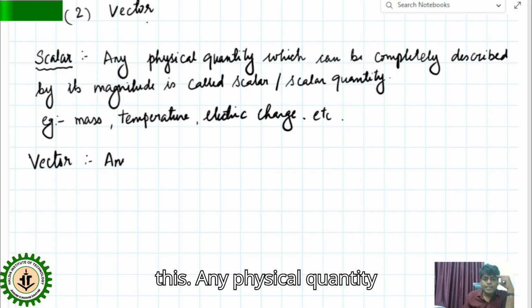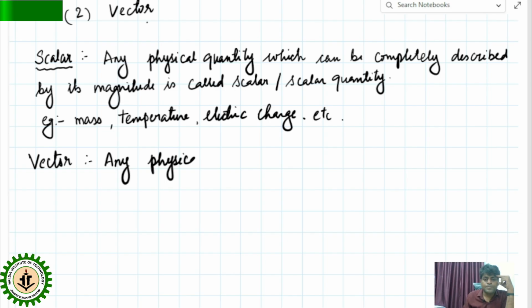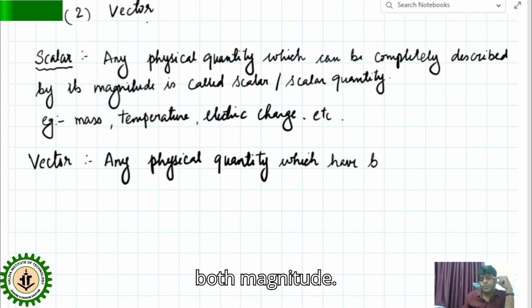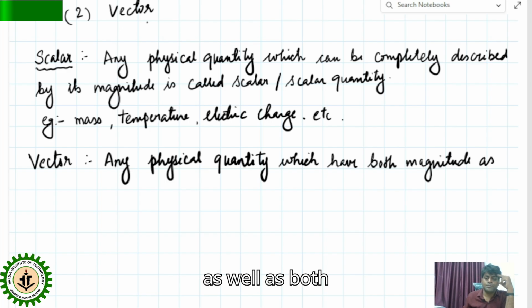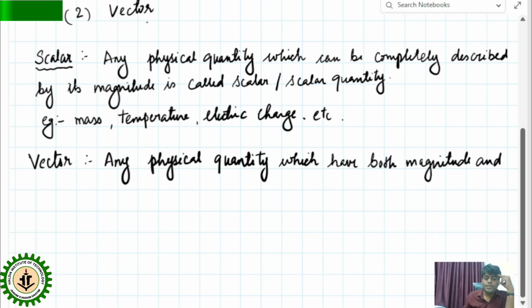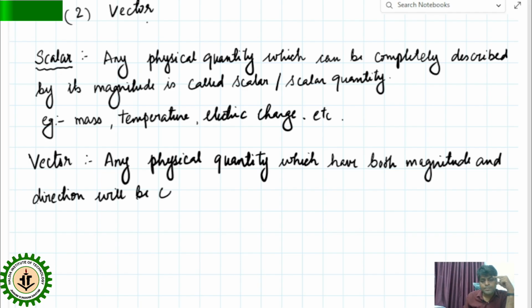Similarly, the definition will go like this: any physical quantity which has both magnitude as well as direction will be called as vector or vector quantity.